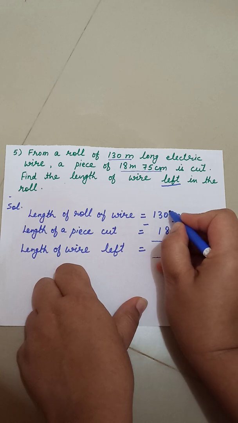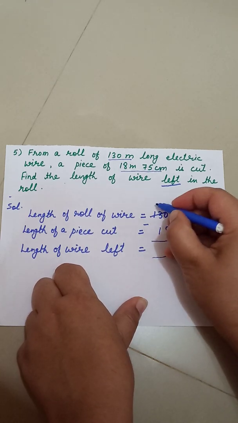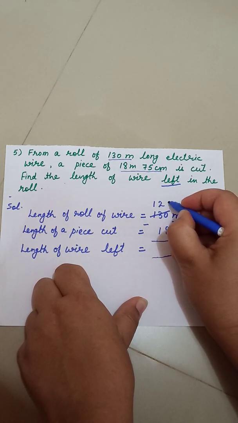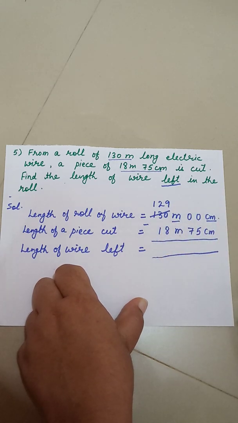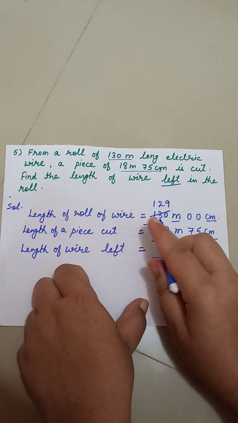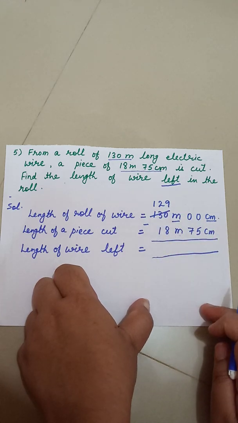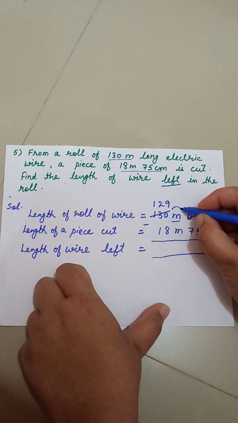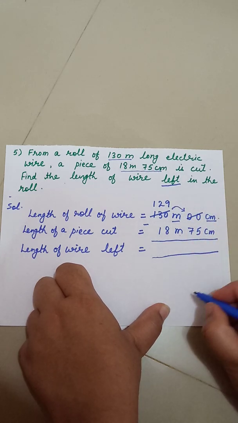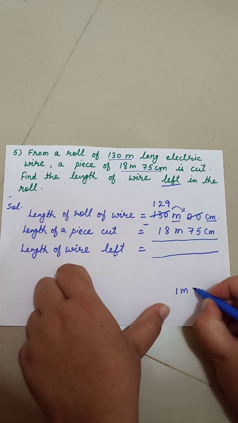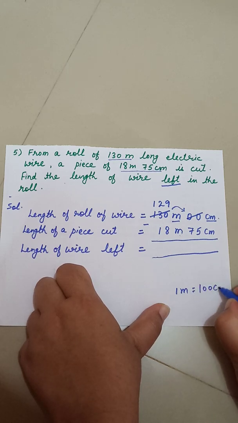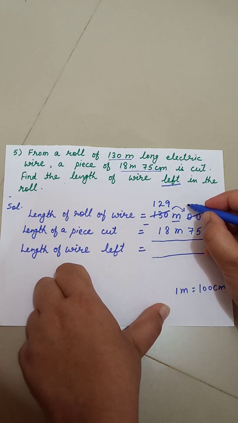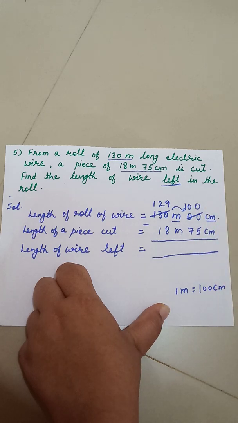If we are borrowing 1 meter, it will become 129 meter, and this 1 meter goes this side. So you already know 1 meter equals to 100 centimeter. So it will become centimeter when it comes to this side. So it will be 100 centimeter.